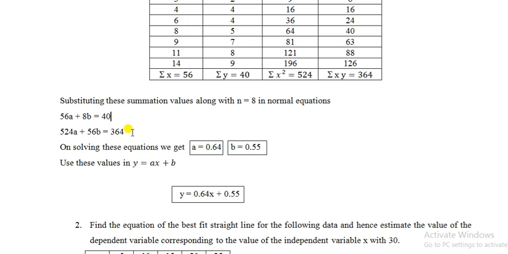By solving these two equations we get the unknown values a and b. So a is 0.64, b is 0.55. Then put the a and b values in the equation of the straight line, so the straight line becomes y equal to 0.64x plus 0.55.